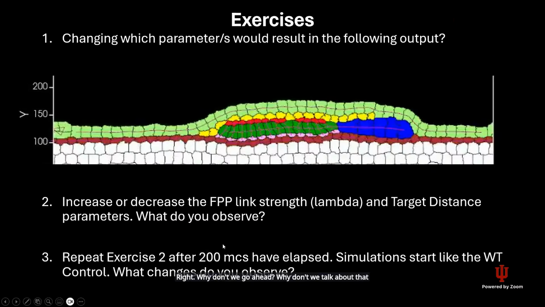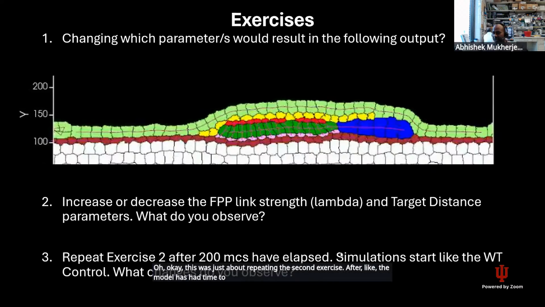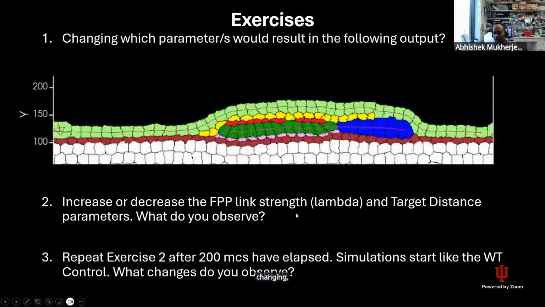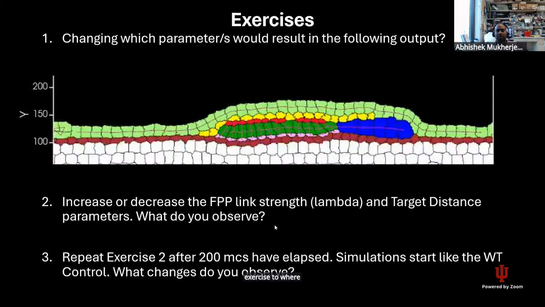This was just about repeating the second exercise after the model has had time to equilibrate, and then repeat changing the FPP link strengths or the target distance parameters, and see whether they change with respect to whatever you observed in exercise 2, where they start out with that modified parameter.